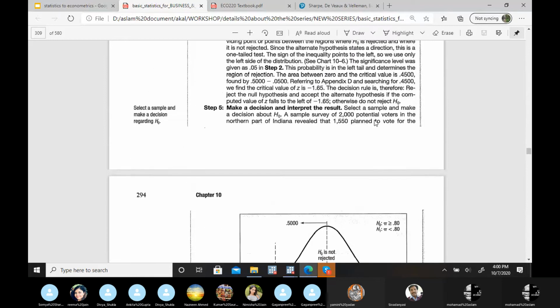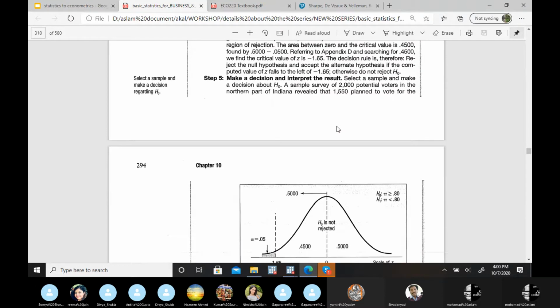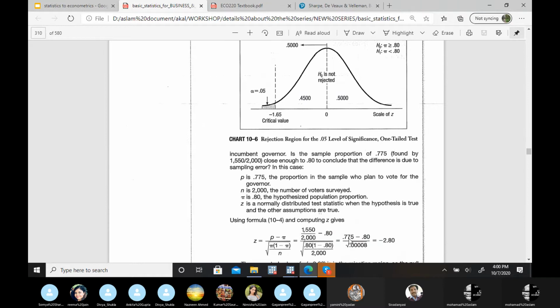So let's see how the people voted. Out of 2000, only 1550 selected this particular candidate, so the proportion is 0.775. So this is the gap: we actually need around 80%, but in the sample poll we found 0.775. Is this difference due to chance, meaning they are more or less the same and he's going to be elected, or does this difference indicate the results are going to differ, so we have to take it seriously?